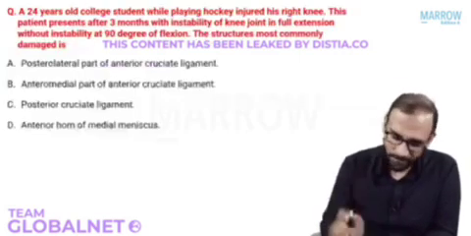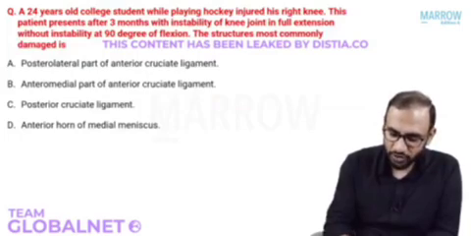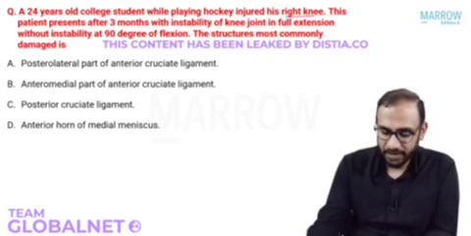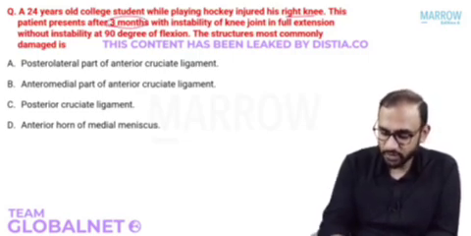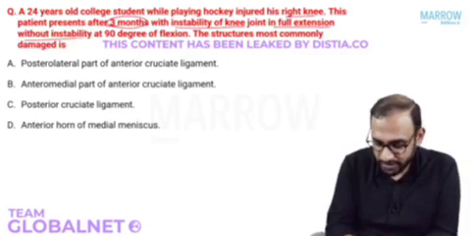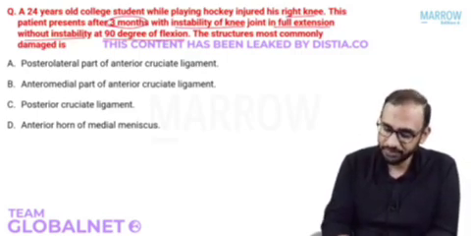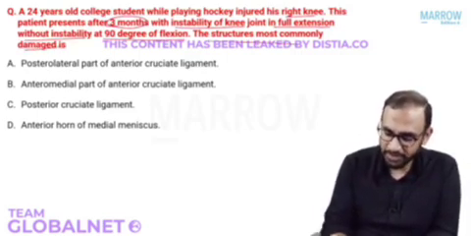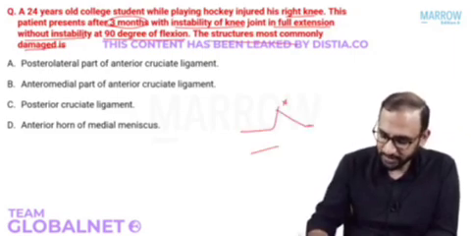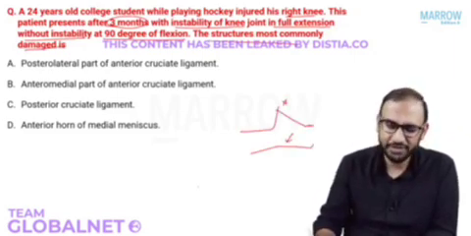Okay. A 24 years old college student while playing hockey injured his right knee. This patient presents after 3 months with instability of the knee joint in full extension without instability at 90 degrees of flexion. The structure most commonly damaged: at 90 degrees there is no instability, but in extension there is instability.